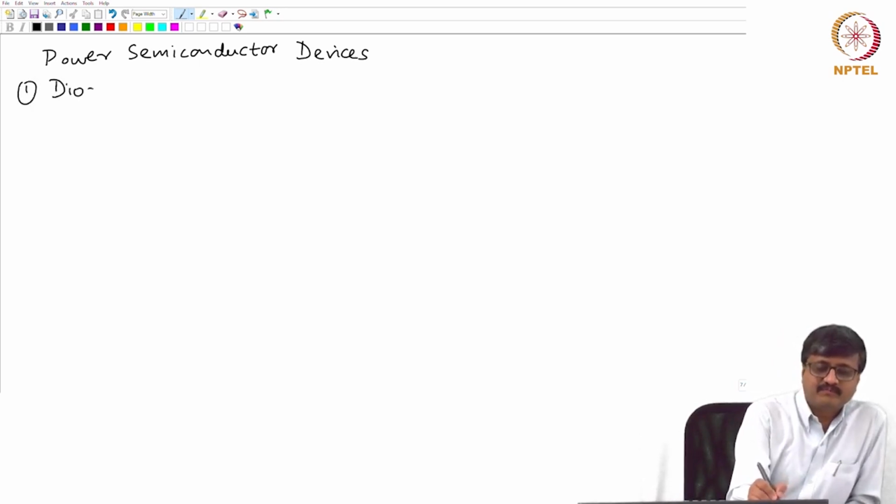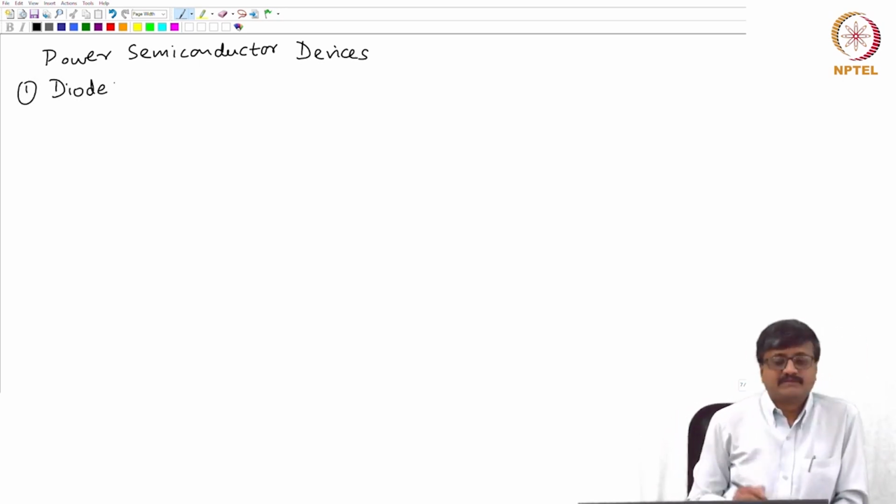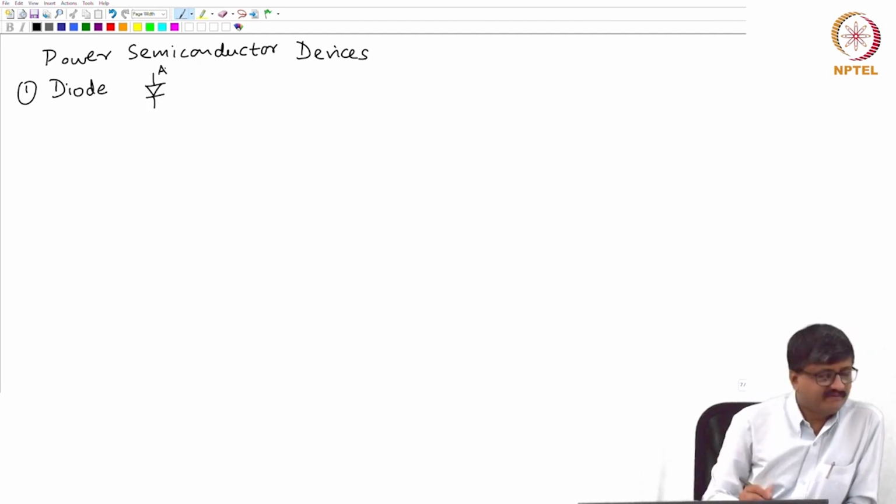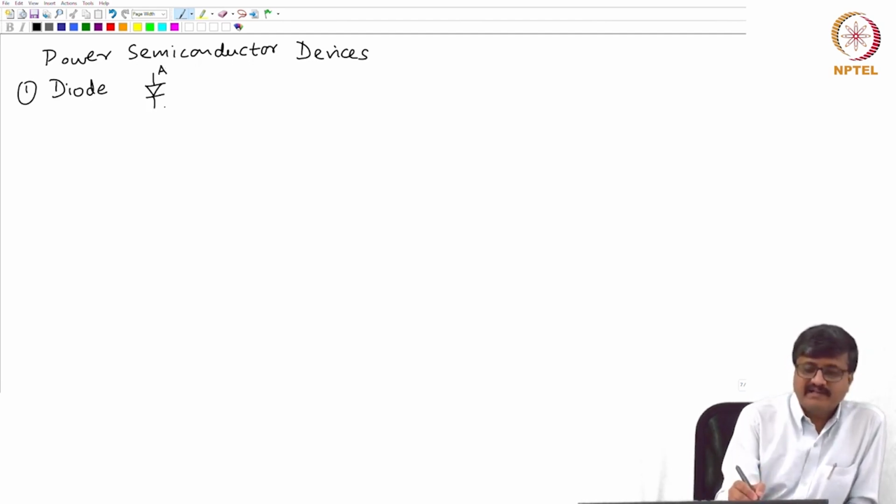diode. All of you are familiar with the symbol of a diode. It has two terminals, A for anode and K for cathode.